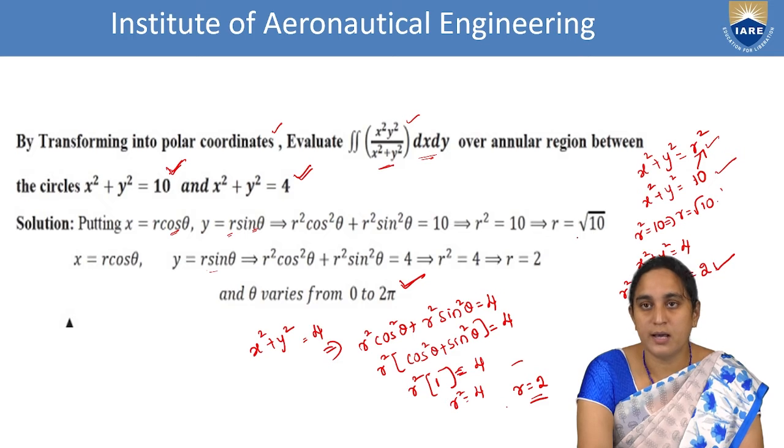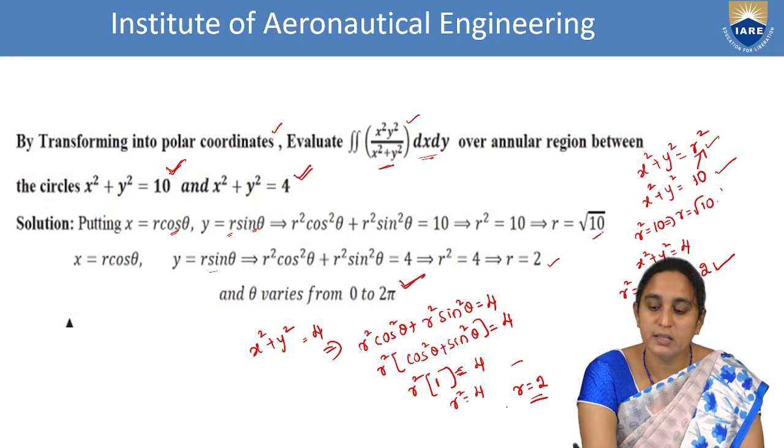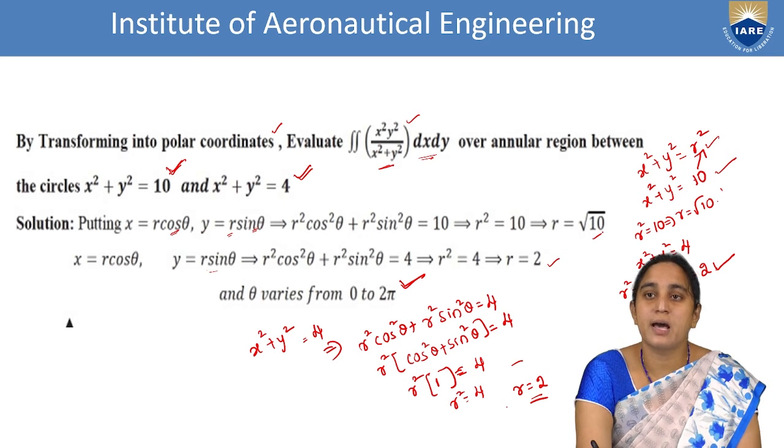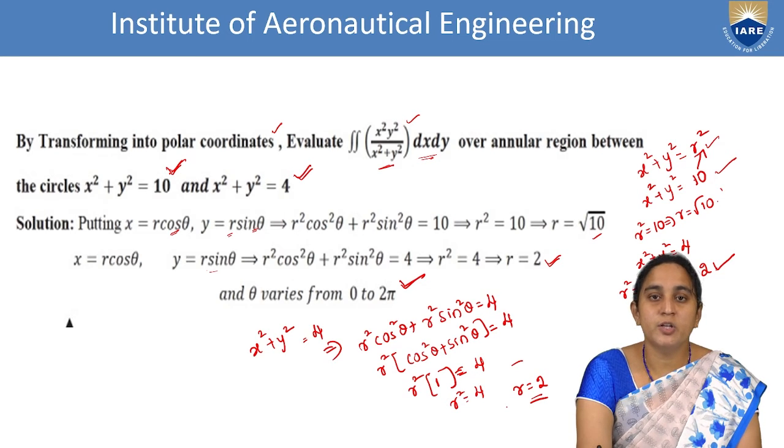From that we got r is equal to root 10 and r is equal to 2. From the first circle I'm taking the upper limit for r as root 10 and from the second circle the limit for r as 2, and generally we know that for a circle the angle varies from 0 to 2 pi. That's why I'm considering theta limits 0 to 2 pi.